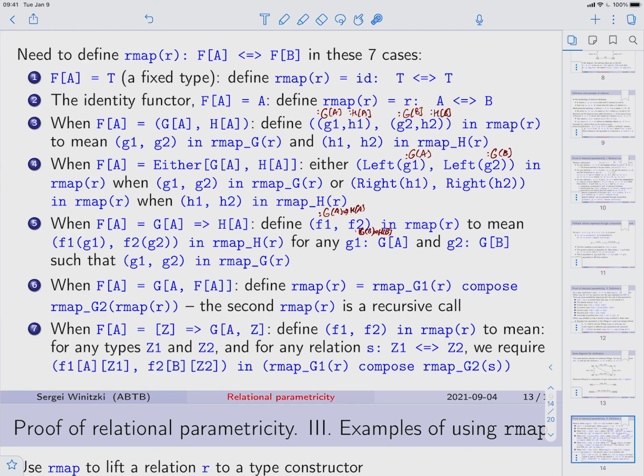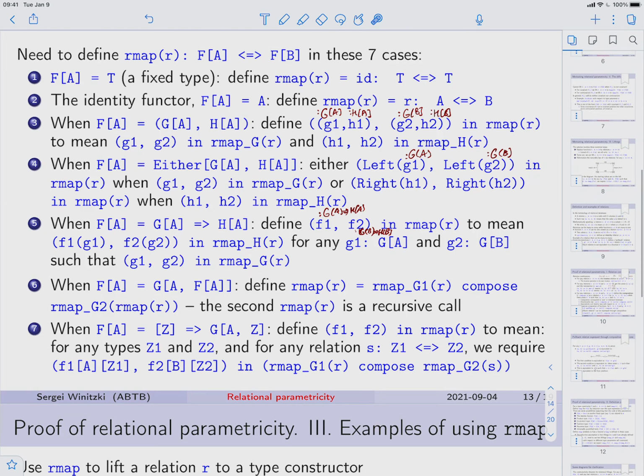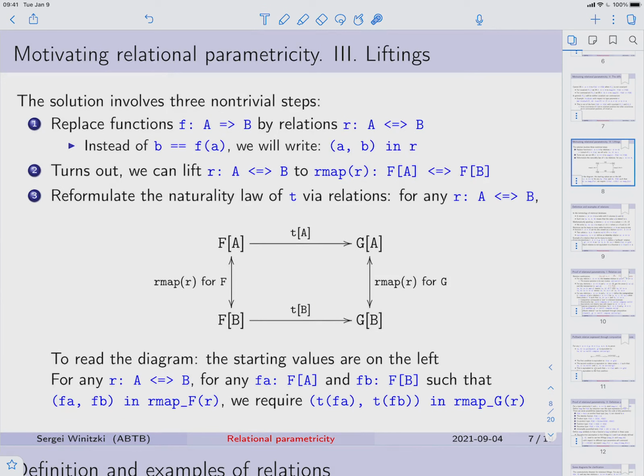So the first is say, for any arguments for these two functions that are in the lifted relation with respect to G, the results of applying the two functions to the two arguments must be in the lifted relation with respect to H. Now this is designed to reproduce this situation where you have a function and I say when the two arguments are in the lifted relation here, then the two results must be in the lifted relation there.